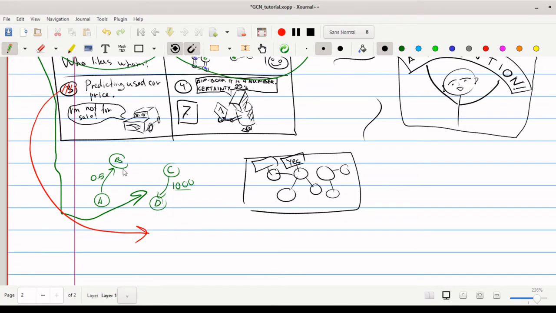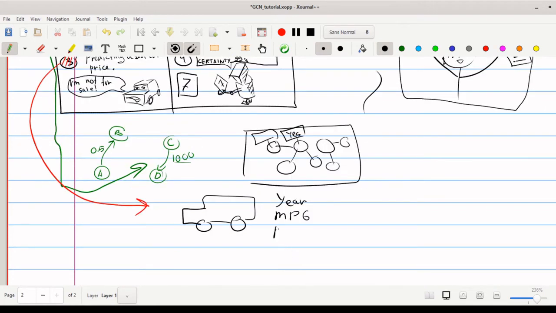But in this case, we're usually speaking about a specific entity. We're looking at a car. We have some kind of car, and we have a list of characteristics of this car. So, I don't know, year, miles per gallon, brand, etc.